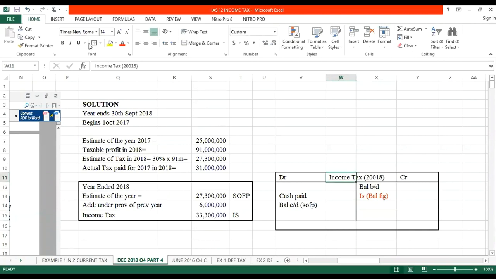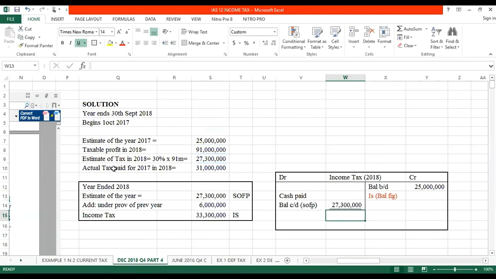So let's look at this. What is the opening balance in 2018? Opening balance in 2018 is equal to the closing balance in 2017. Closing balance in 2018 is that. I hope we are together. The actual tax paid is how much? Actual tax paid in 2018 is 31. So we have said you take 31 plus 27.